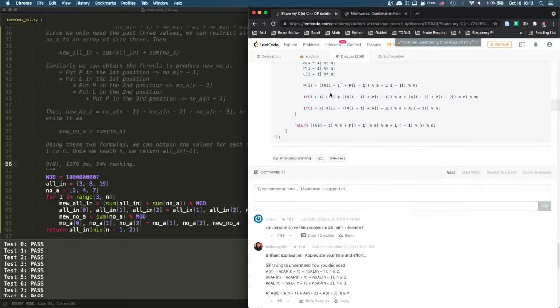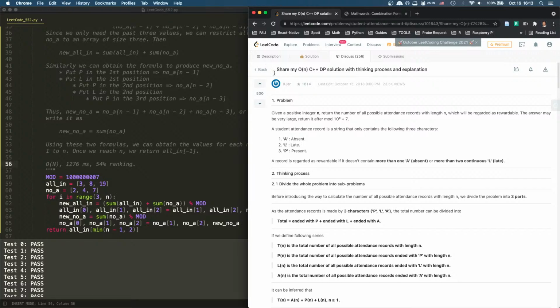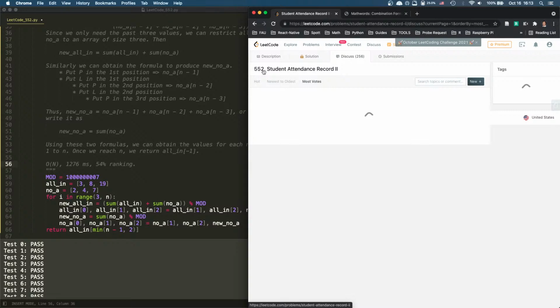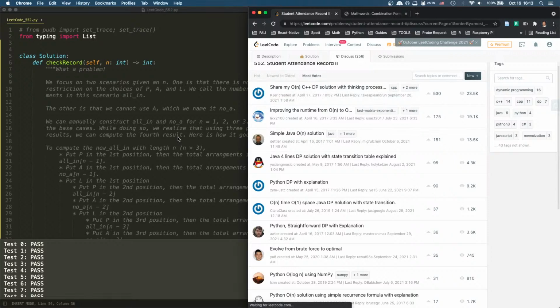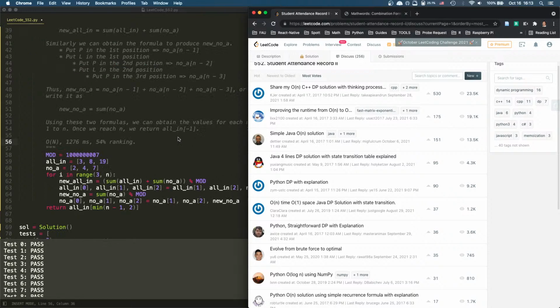Alright, I'm going to post mine. I don't want to read any of these people's posts. I'm just going to post mine, and I feel like mine is 4 lines. Oh, I can boast how many lines. So it's not necessary.